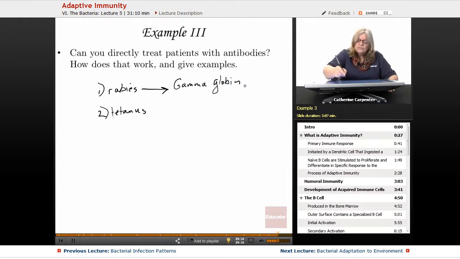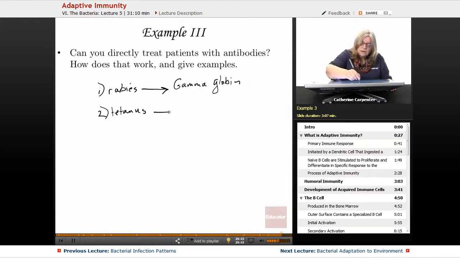Those are antibodies that have been bioengineered and created, directly targeting the rabies virus. Essentially, you're given rabies antibodies up front, before your immune system even has the chance to create its own. The reason is that rabies is such a serious disease.